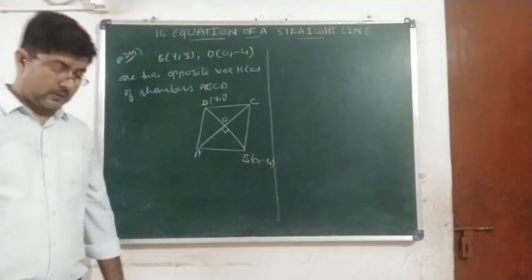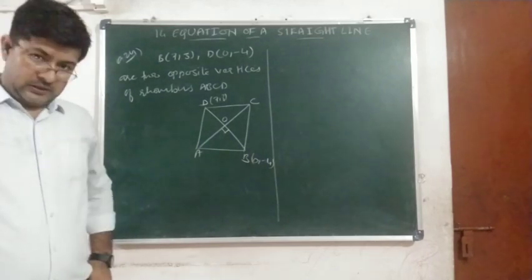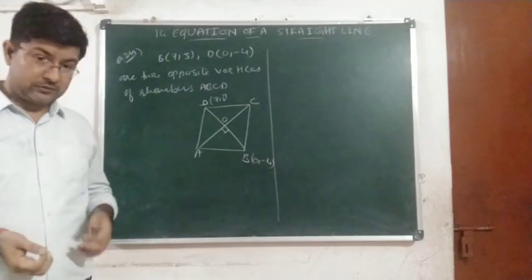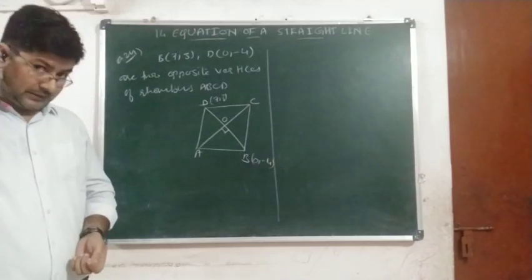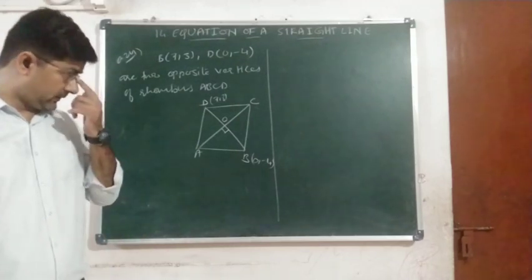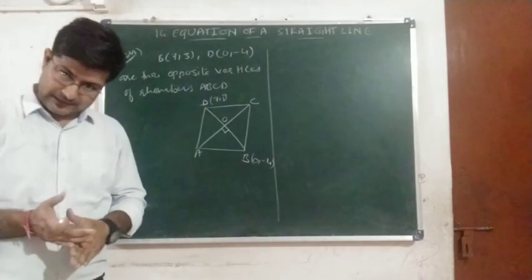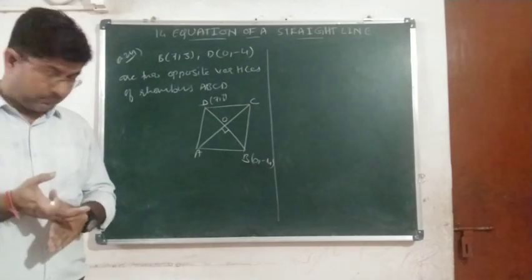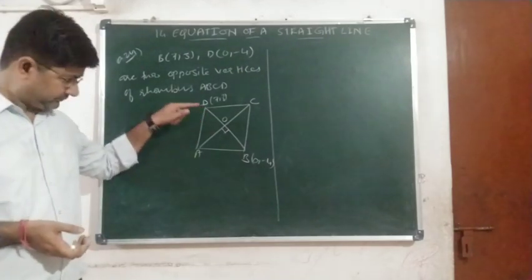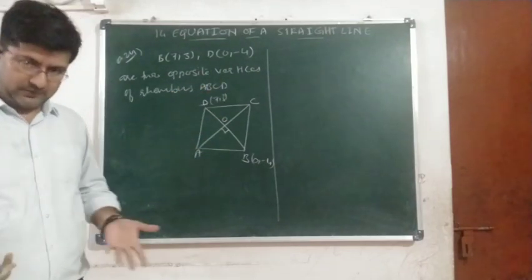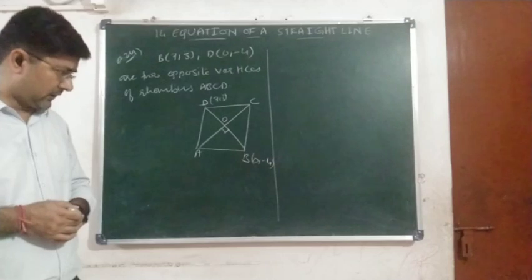Okay, let us recall a few properties of the rhombus. About the diagonals, we know that the diagonals bisect each other at right angles. So this property we are going to use over here. Diagonals bisect. It means what? The midpoint of diagonal BD and midpoint of diagonal AC is the same.